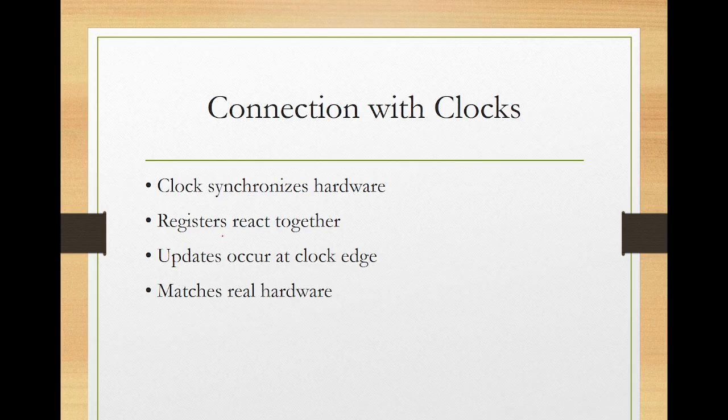Then go back to video 5. You remember the clock? Why does the clock exist? We learned that the clock synchronizes hardware. When the clock edge arrives, thousands of registers react together, not one by one, together. Non-blocking assignment captures that behavior perfectly.